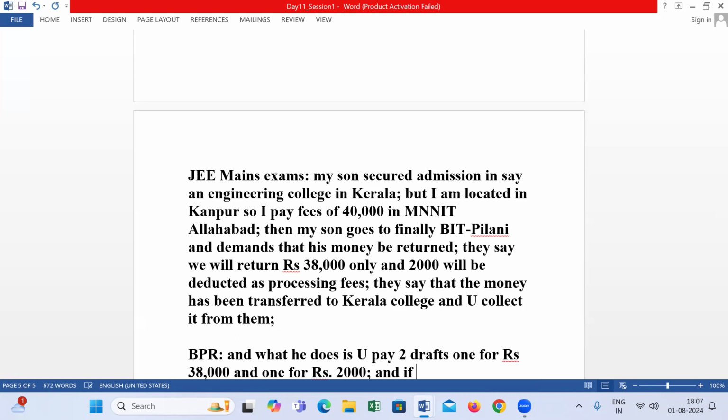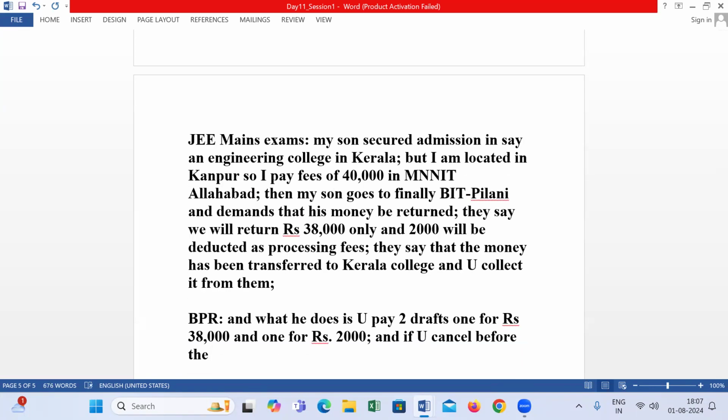And if you sell for the pre-specified date, then you can collect your fees 38,000 draft from NIT Hyderabad.